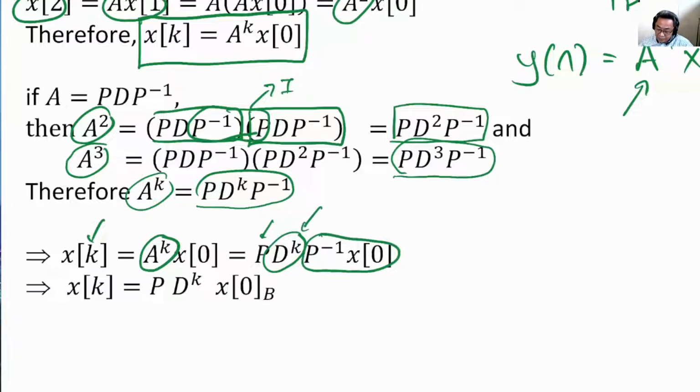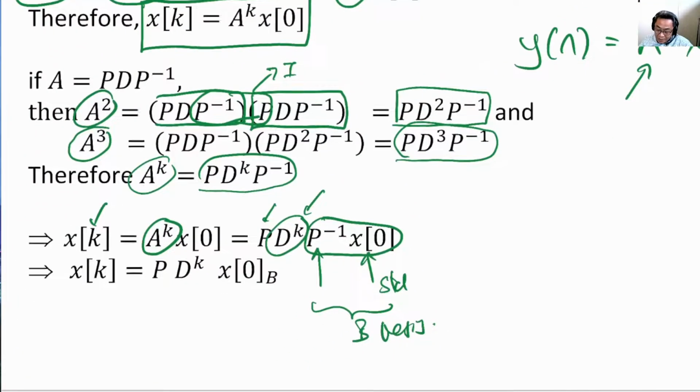So observe this operation. Remember that x is in the standard basis. When we multiply something by P^-1, we are converting from the standard basis into the B basis. We are transforming in the B basis using D, k times.